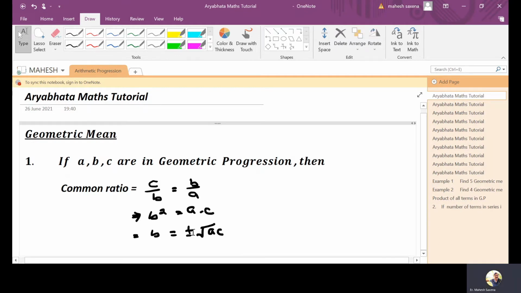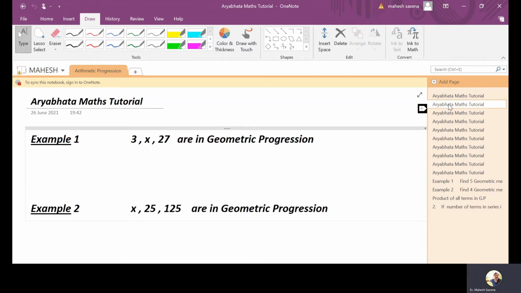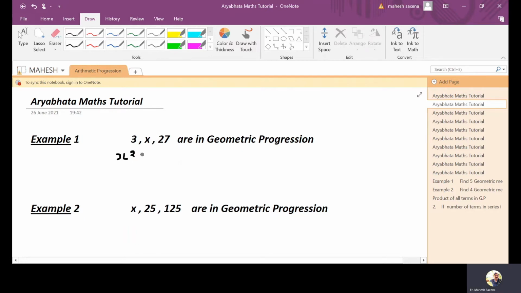Now we take the example. Suppose 3, x and 27 are in geometric progression, then the middle term x square is equal to 3 into 27, that is 81.